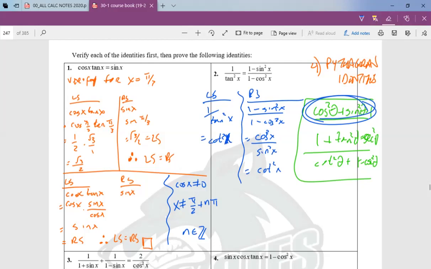So the strategy of keeping an eye on what the other side is maybe relevant here. We knew that we were trying to make 1 over tan squared x, and so perhaps that's going to drive some of your steps at times. So this right side is now equal to left side. Therefore, LS equals RS, QED.